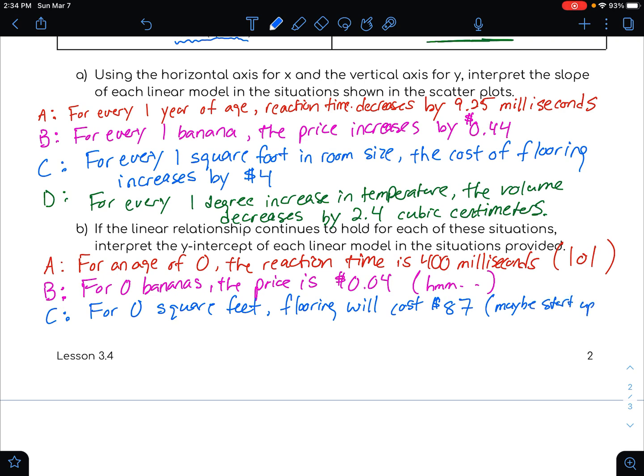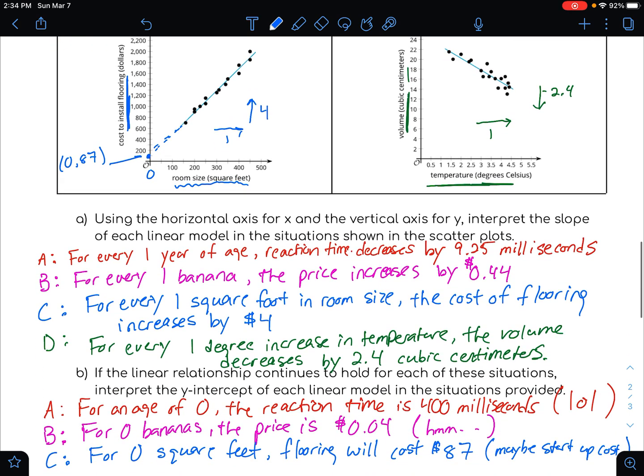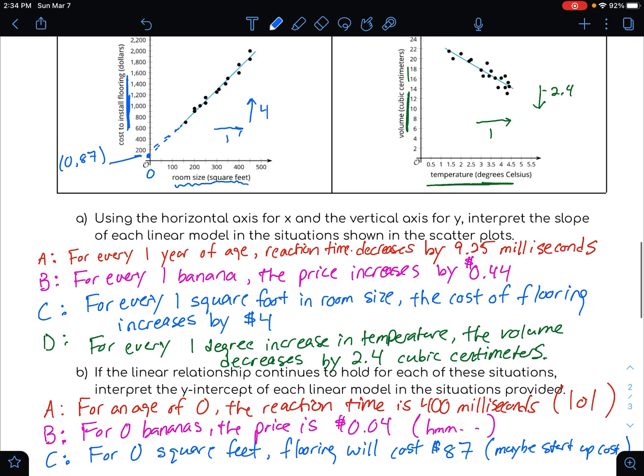Once again, maybe that's like a startup cost. If you're having the flooring installed, maybe the installer says, okay, I'm going to come to your house and it's going to cost $87 for me to show up, and then it'll cost $4 per square foot. So maybe that's what it is. But if you're literally just buying the flooring, then 0 square feet isn't going to cost you money because you haven't purchased anything.